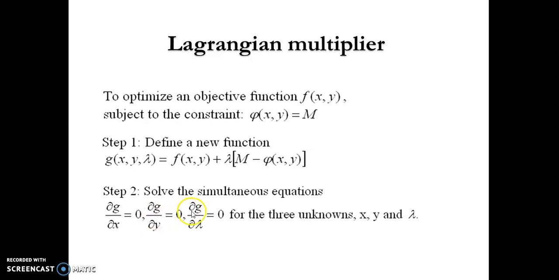And then you set them all three equal to 0 so that you can solve simultaneously for your unknowns x and y in particular, right? So in step 1, we are combining the objective function and the constraint into a new function, right? And then secondly, you need to solve simultaneously by setting your first order partial derivatives, of which you would have 3, and set them equal to 0 so that you can solve for your 3 unknowns.